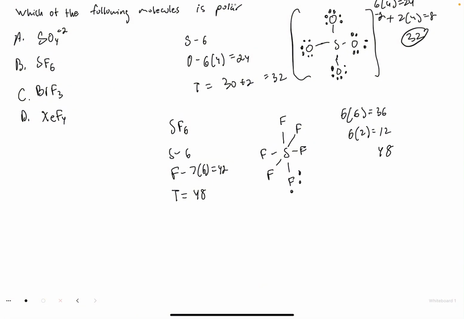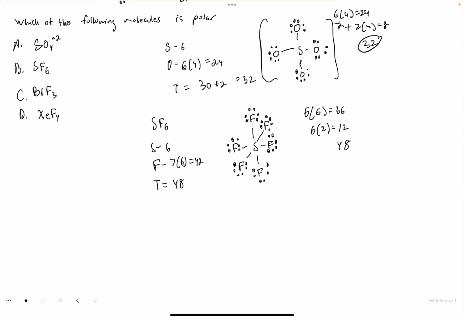So this again would be nonpolar because all the terminal atoms are the same, and there aren't any lone pairs on the central atom. So the big thing is if there are any lone pairs on the central atom.